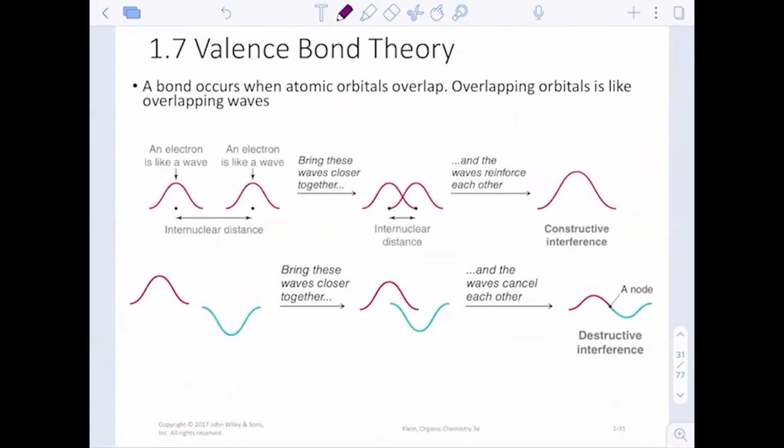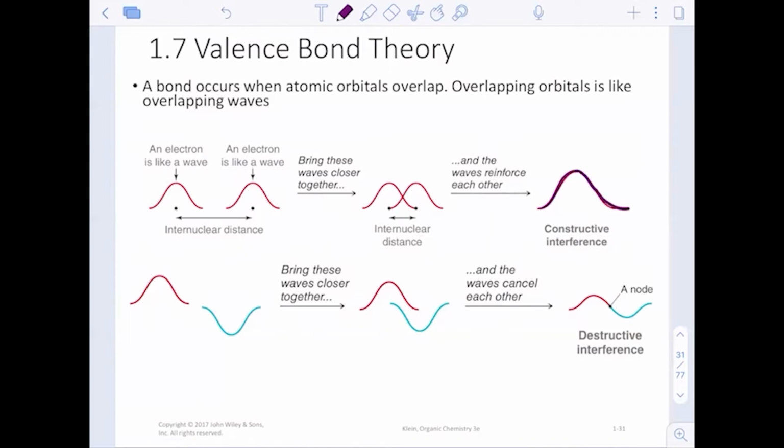Now with valence bond theory, it's talking about how do those atomic orbitals, s's, p's, how do they overlap? What do they do when they do a Venn diagram to bring the shared internuclear distance together? What is happening? Now, if we remember a little bit about constructive and destructive interference, if we are bringing waves closer together that are constructive, they form one big space.